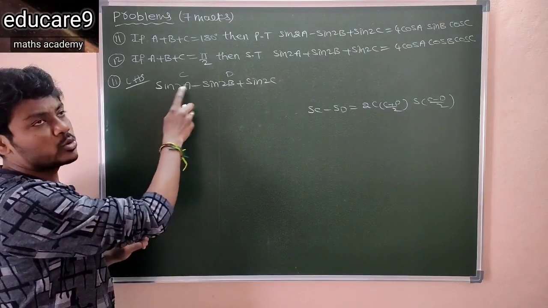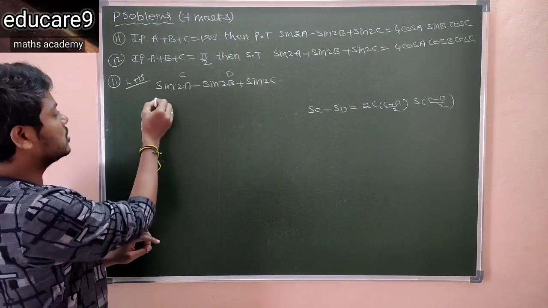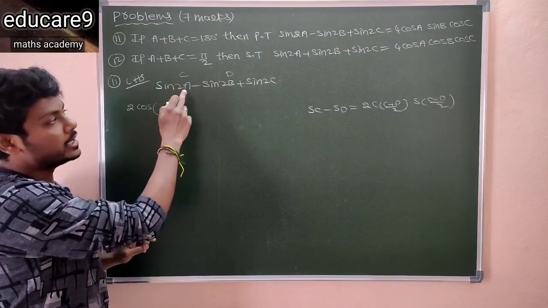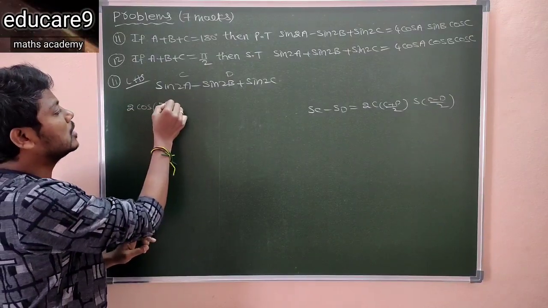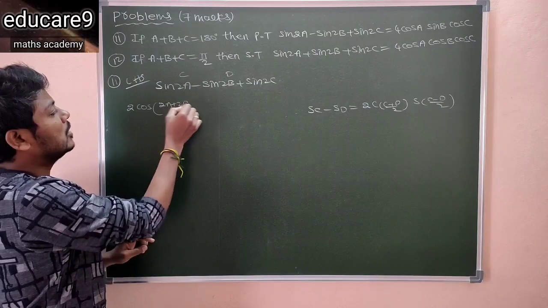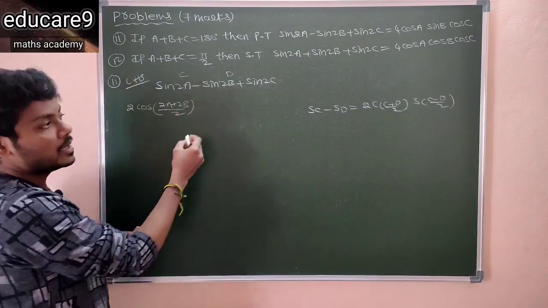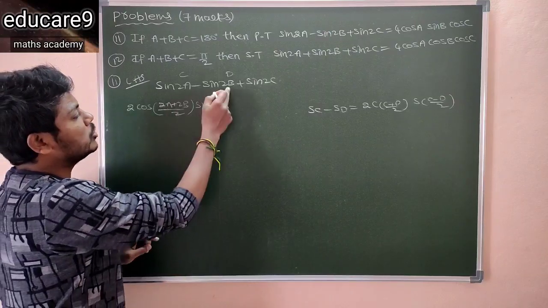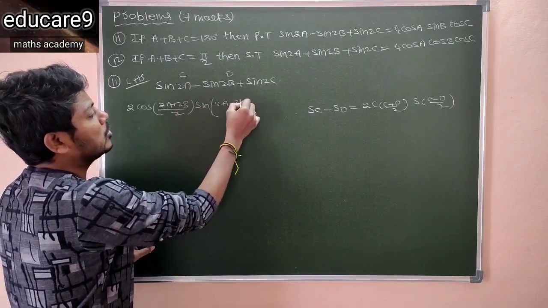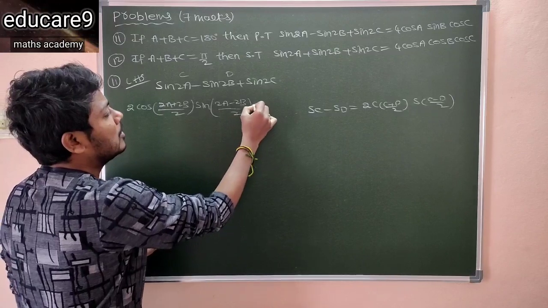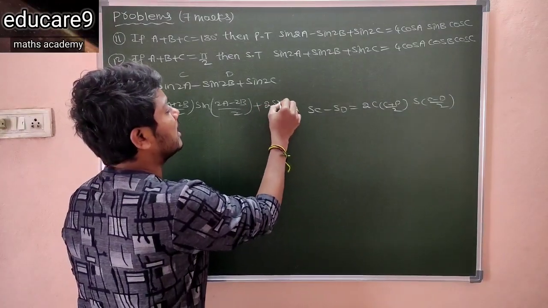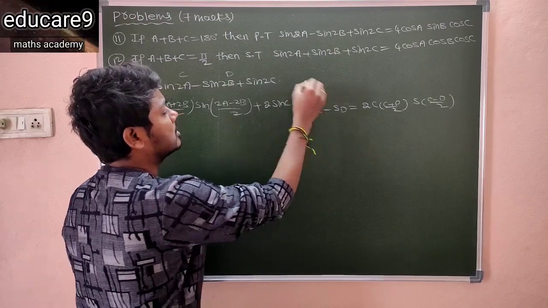Now clearly c is 2a and d is 2b. So this is 2 cos of (2a plus 2b) divided by 2, and sin of (2a minus 2b) by 2, plus the sin 2c form, 2 sin c cos c.